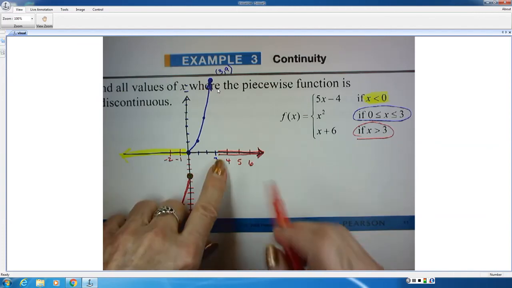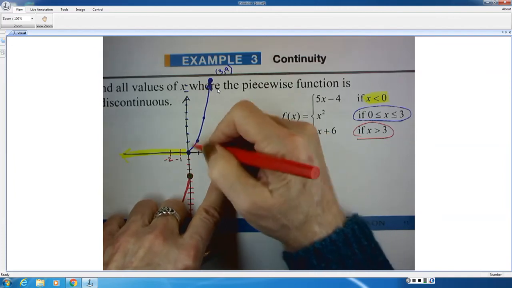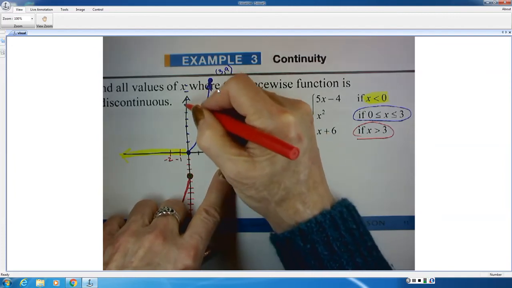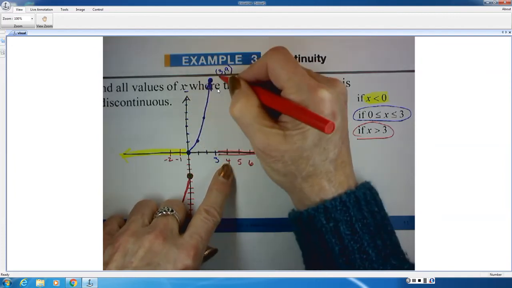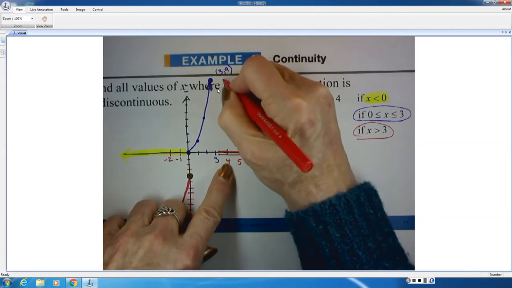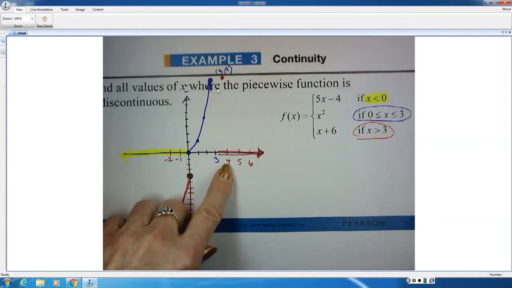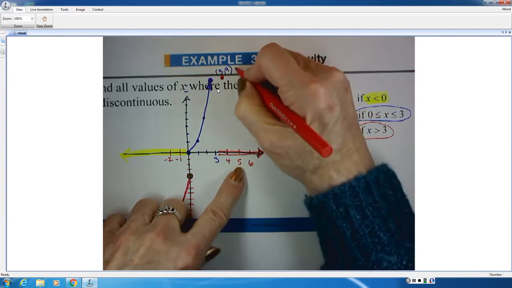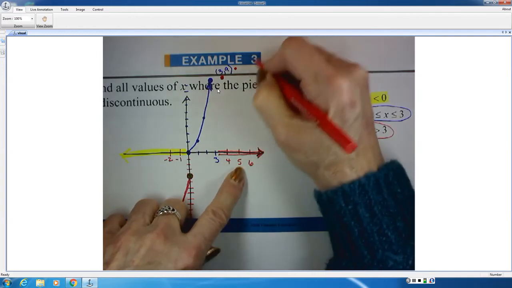So 4 plus 6 is 10, and 5 plus 6 is 11, 6 plus 6 is 12.